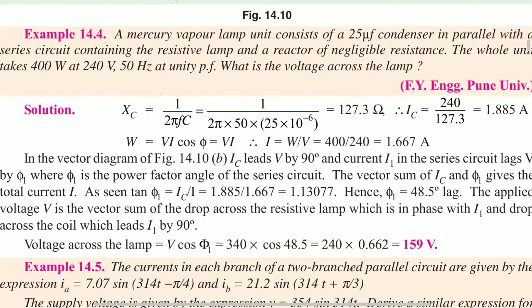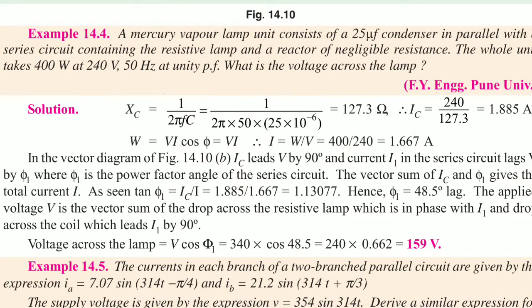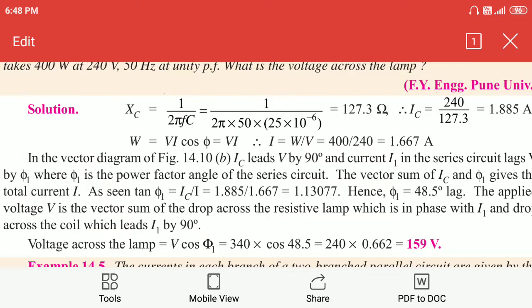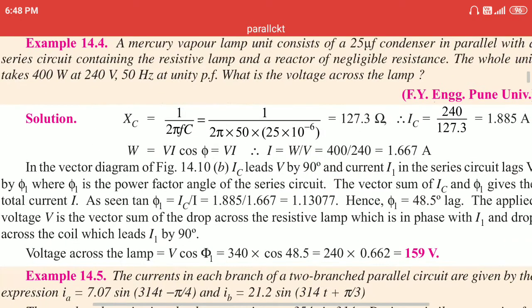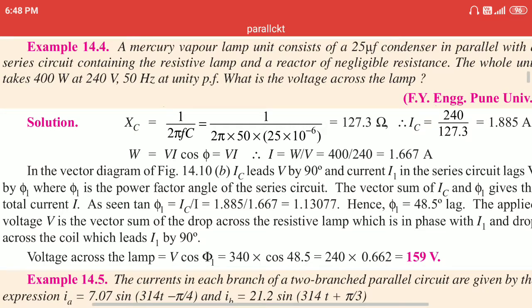So the whole unit takes 400 watts. Here power is given. The whole unit means the power in the circuit is 400 watts, and the RMS supply voltage is 240 volts and frequency is 50 hertz at unity power factor.